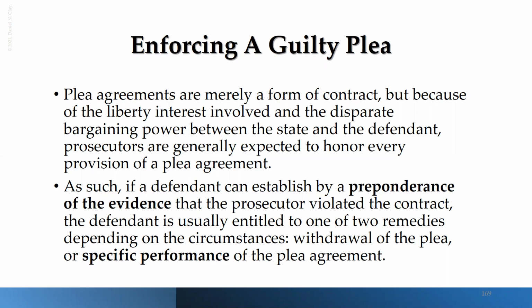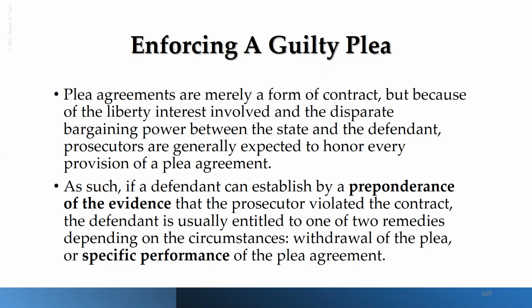Or they may be entitled to specific performance. What this basically means is the court forces the prosecution to obey the terms of the plea agreement. This is going to happen more often than withdrawing the plea. We're going to force you to do what you said in the plea agreement.